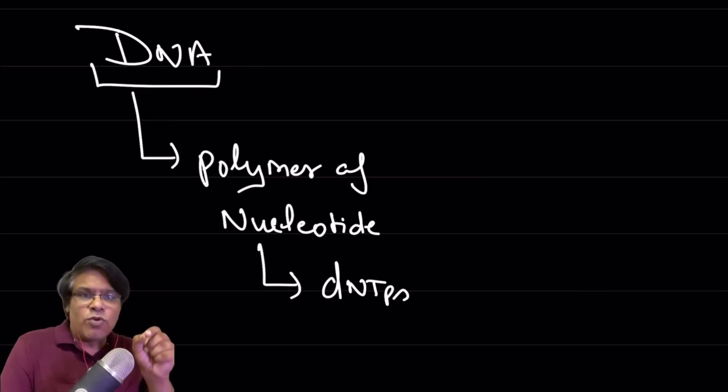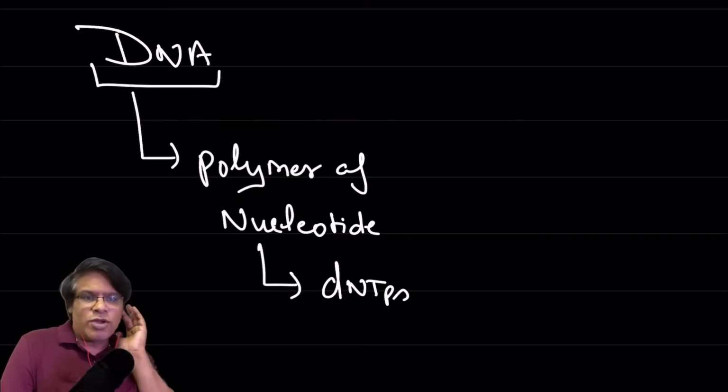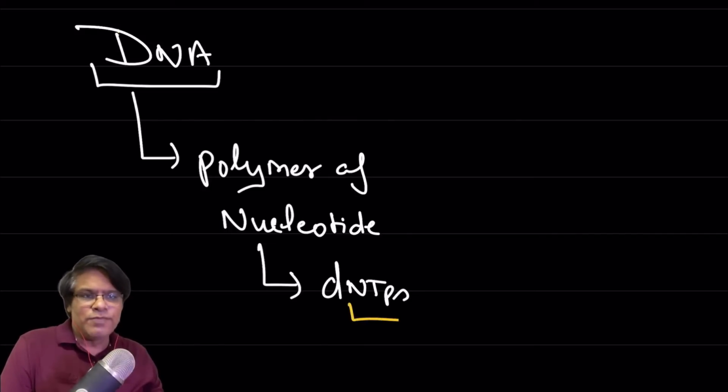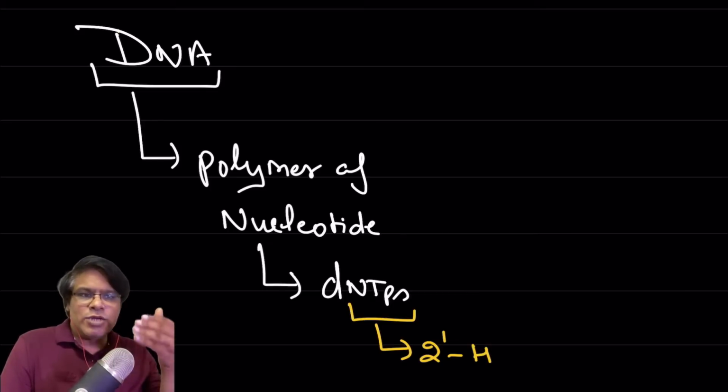You can say it is a polymer of dNTPs, deoxynucleotide phosphates. Adenine, thymine, guanine, cytosine have been linked together. In DNA, at the 2' position of the sugar, you have a hydrogen atom.